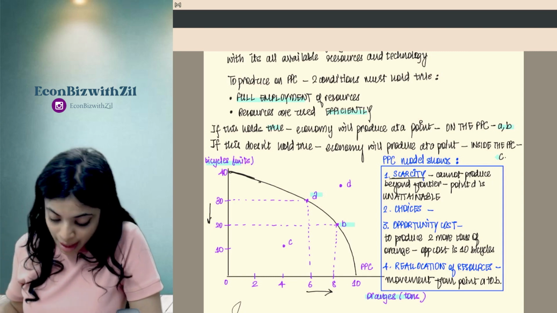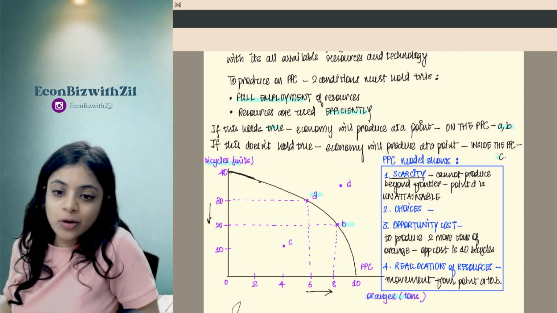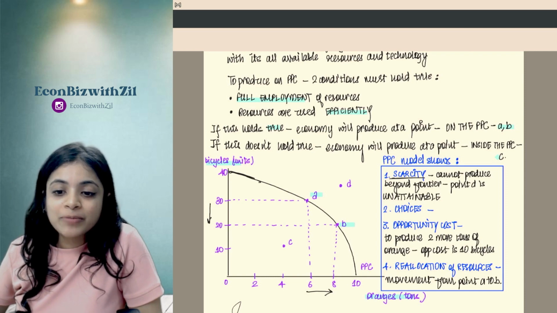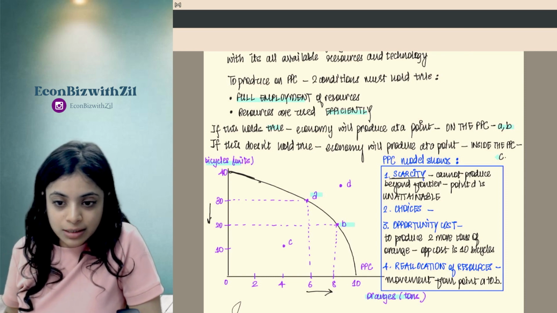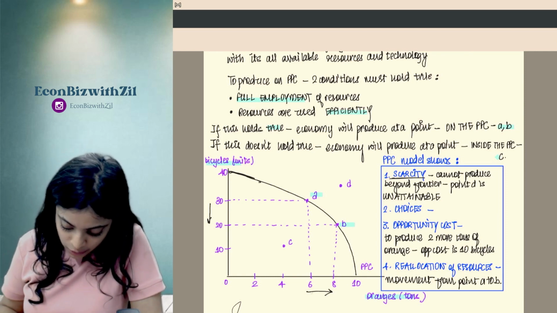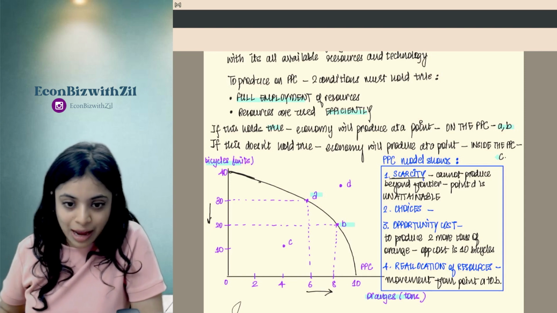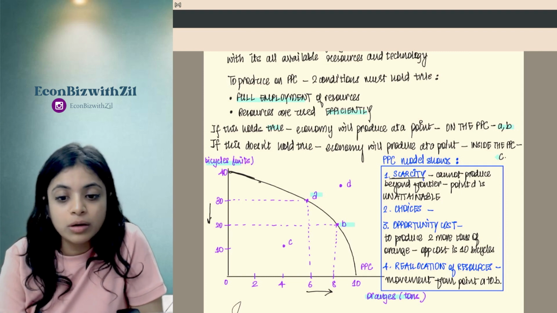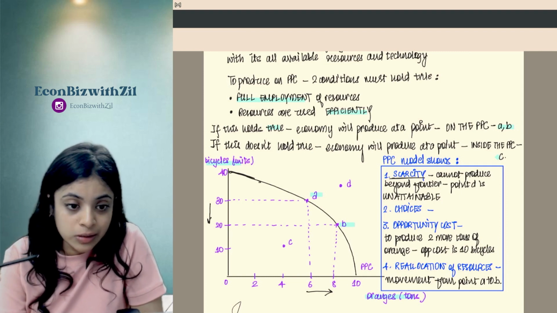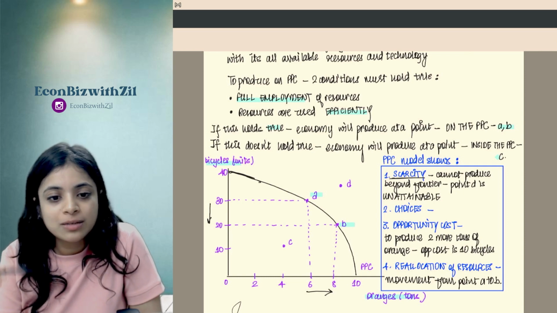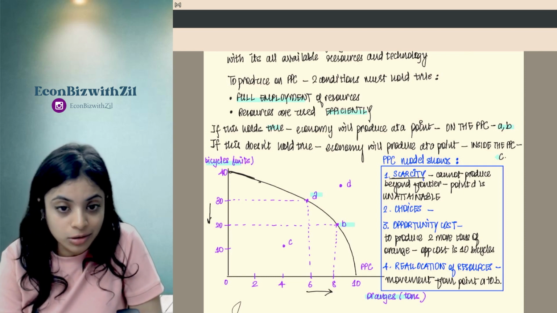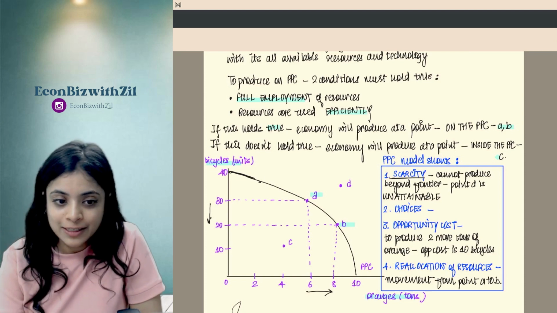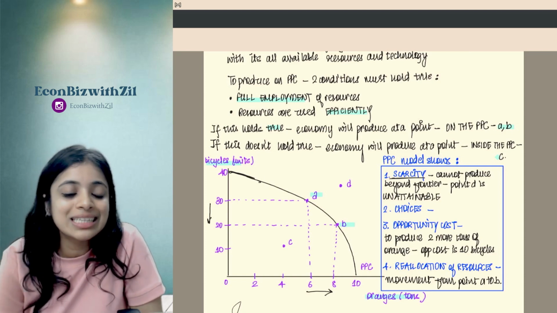And if choices are made, we learned in episode 1 that there's going to be an opportunity cost. To produce 2 more tons of oranges, from 6 to 8, I need to let go of 10 bicycles. Opportunity cost is always mentioned in terms of what we are losing out on. So when I move from point A to B, I'm losing out on 10 bicycles. So the opportunity cost is 10 bicycles.